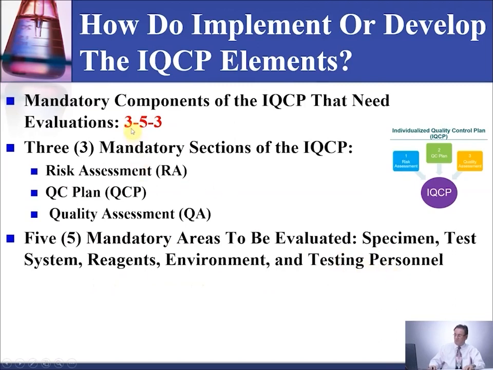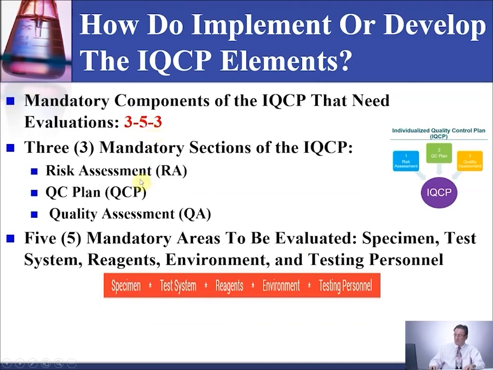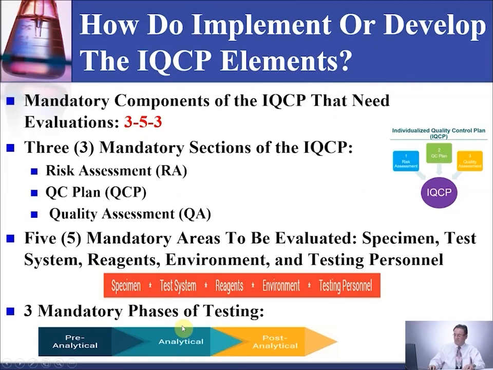So that's the first 3, and this is the 5. For the last 3, you need to evaluate them going through the 3 mandatory phases of testing: the pre-analytical phase, analytical phase, and post-analytical phase.